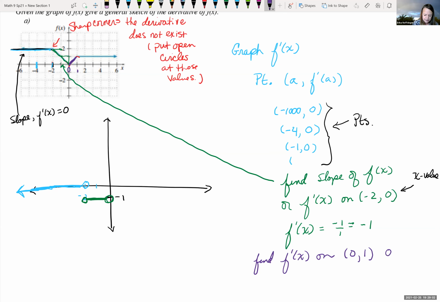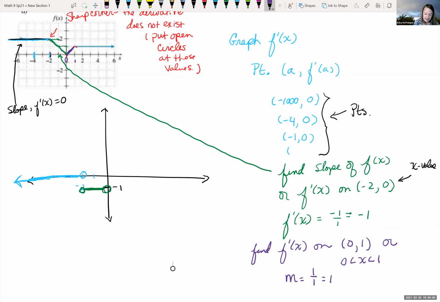Or another way to write this, I could say this is the same thing as saying 0 is less than x, which is less than 1. So my slope there, I'm just going to call it m. I'm going up. I'm rising 1 as I run over 1. So 1 over 1, which is 1.